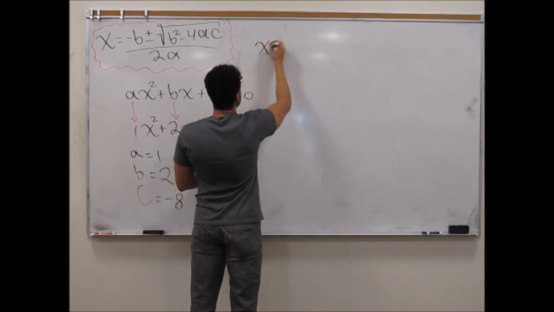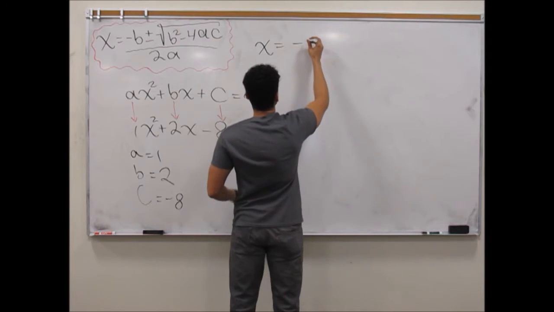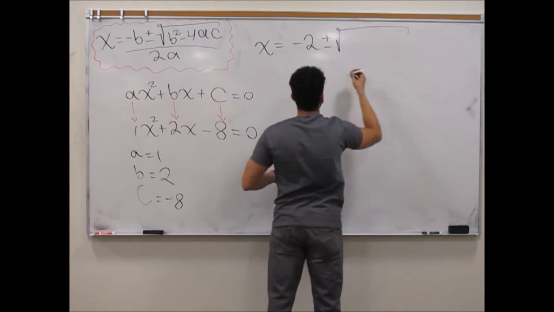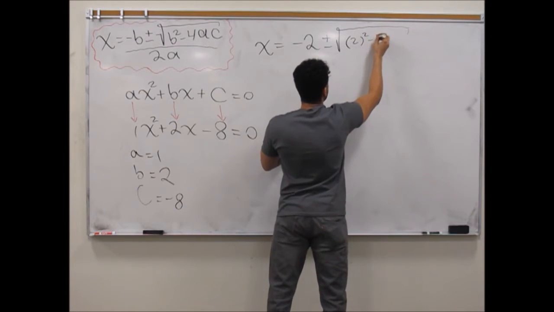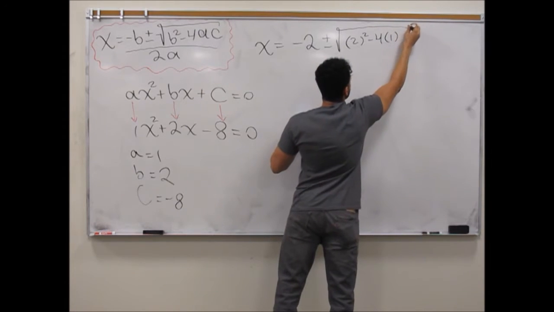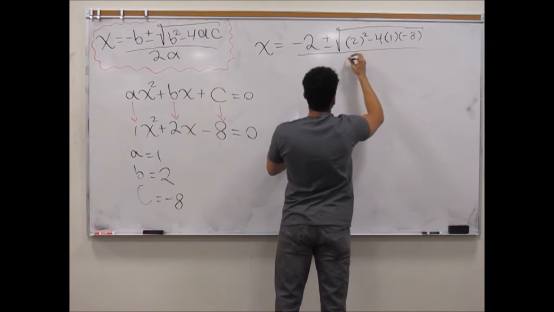So we get x is equal to negative, my b was 2, plus or minus the square root of b squared, our b was 2, minus 4, a was 1, our c was negative 8, I believe. Okay, and this is all over 2 times a, which was 1.